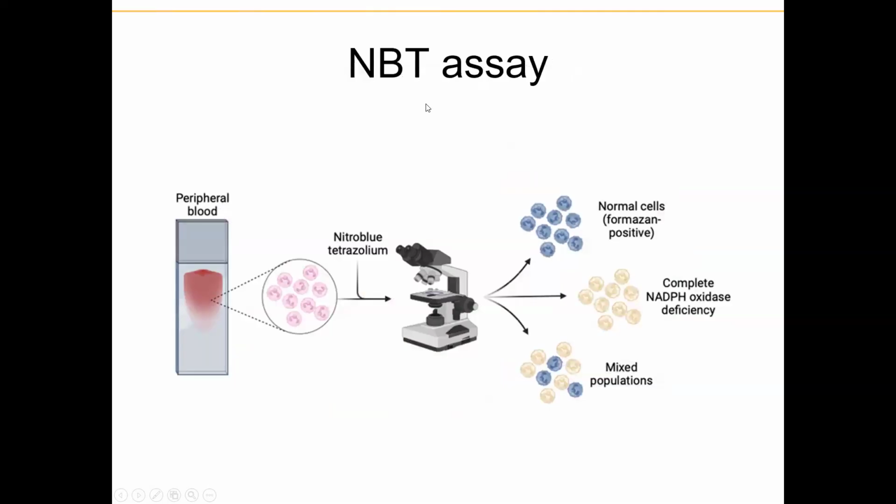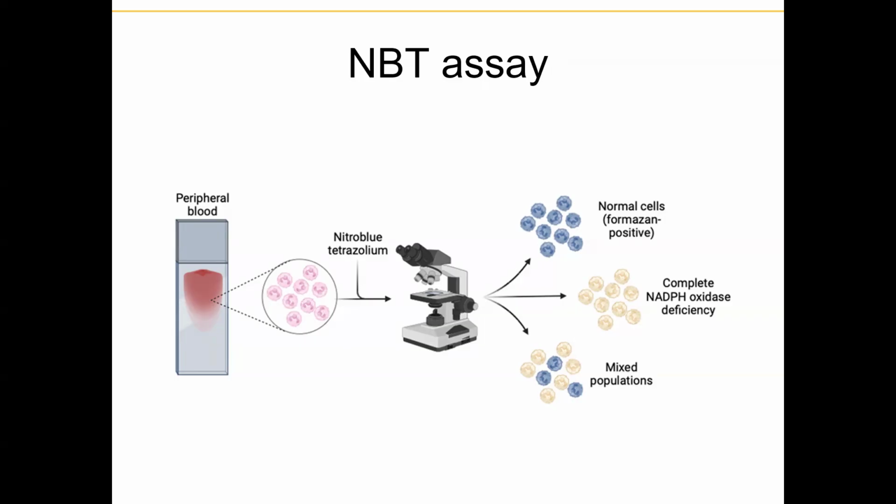This assay is called the nitroblue tetrazolium assay. It is done to assess reactive oxygen species detection. The NBT assay detects the activity of the NADPH oxidase enzyme, which forms superoxide, hydrogen peroxide, and hydroxyl moieties.